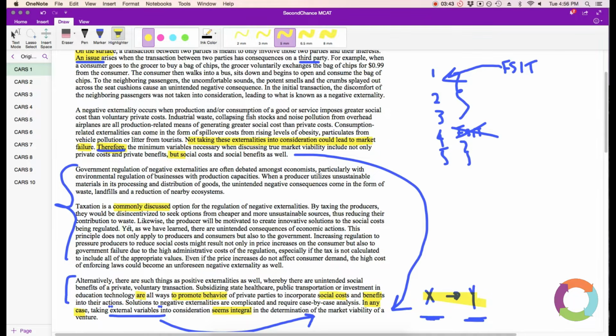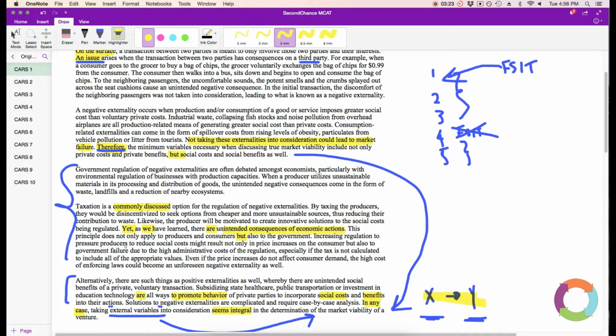Yet, here's another shift in tone. As we, first person, have learned, there are unintended consequences of economic action. So that's another main part of the author's thesis here. This principle does not only apply to producers and consumers, but, another shift in tone, also to the government.